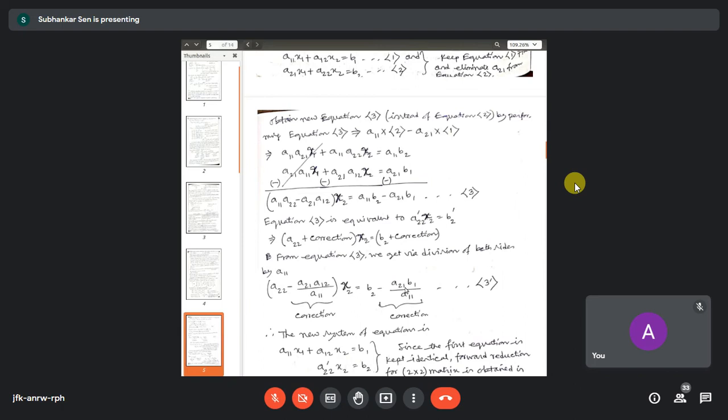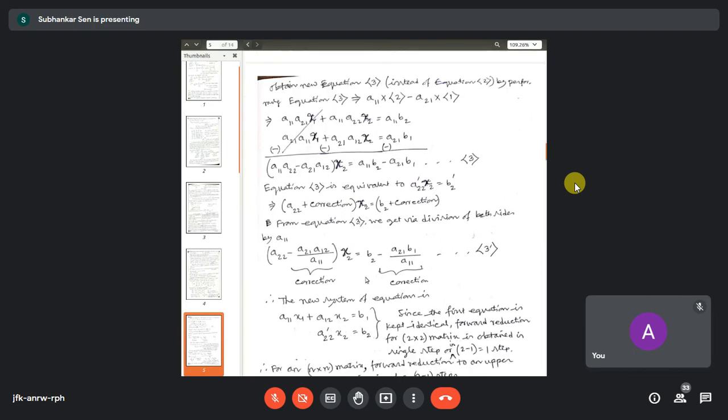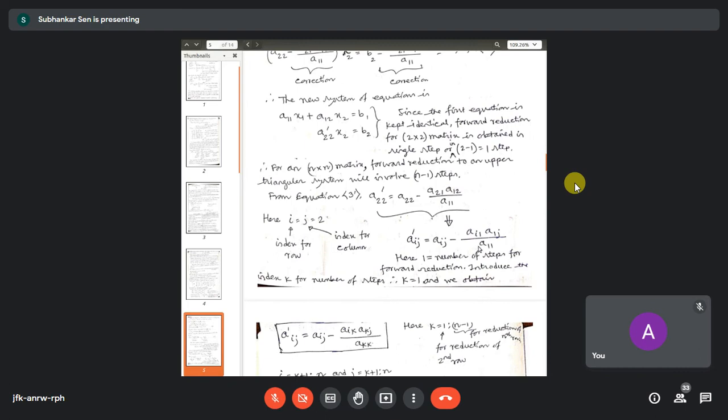Whatever this index is, that is the index for the forward reduction. This you have to understand. This index is denoted by the symbol k. For the second equation, your k is 1. For the third equation, k will be 2.